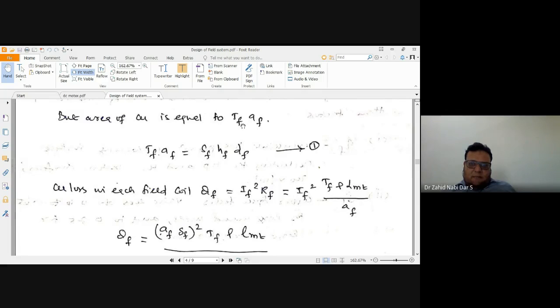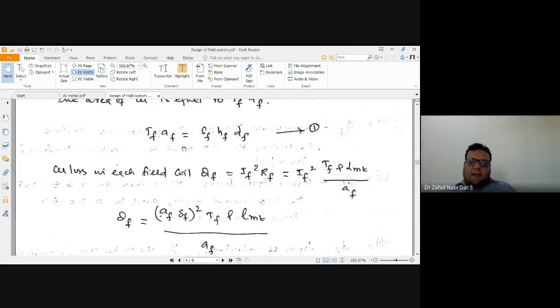You have to be careful here. If you have one turn, the area is AF. In 10 turns, the area is 10 into AF. So the total copper area is equal to number of turns into area, and this area depends upon your height and depth.